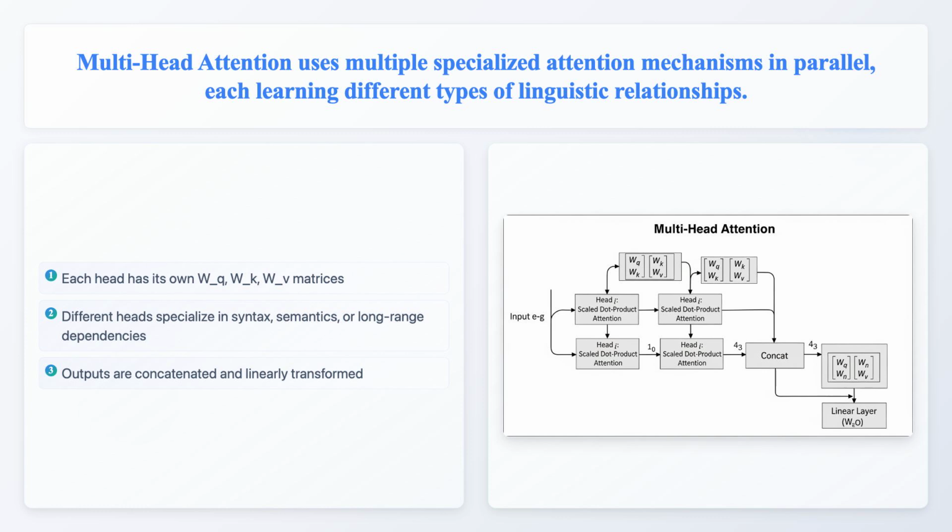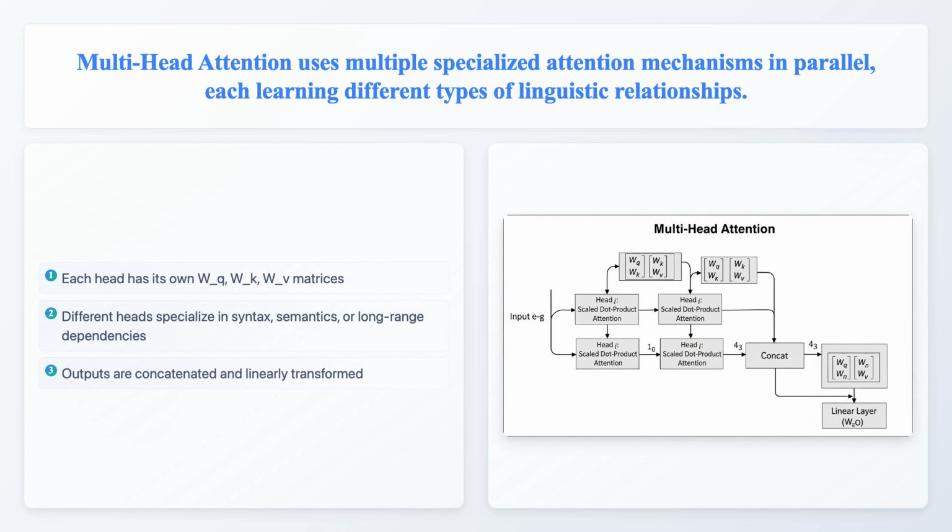Instead of having one set of Q, K, and V matrices, we create multiple heads, each with its own learned projection matrices. Think of it as having multiple specialists examining the same text simultaneously. Head 1 might specialize in syntactic relationships, learning to connect subjects with verbs. Head 2 might focus on semantic similarities, linking synonyms and related concepts.